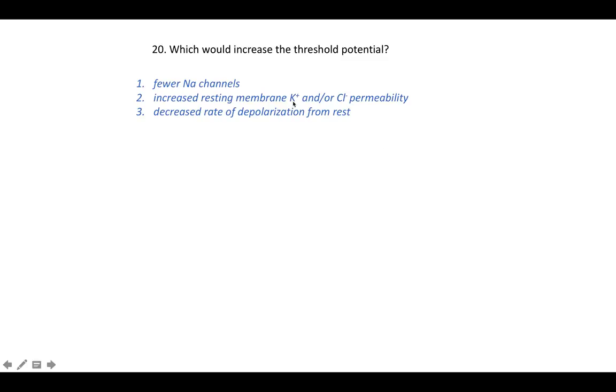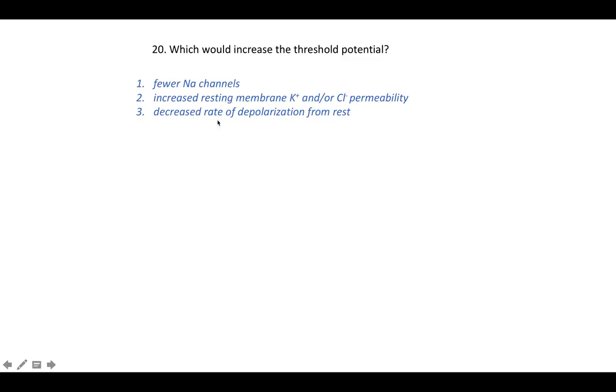Increased resting membrane potassium or chloride permeability, or another way of saying that is a decreased resting membrane resistance. Either way works. So these are channels that tend to drag you down toward rest, so the more of them that you have open, the harder it is to get the voltage to overcome them and to get that regenerative reaction going where you get a phase zero.